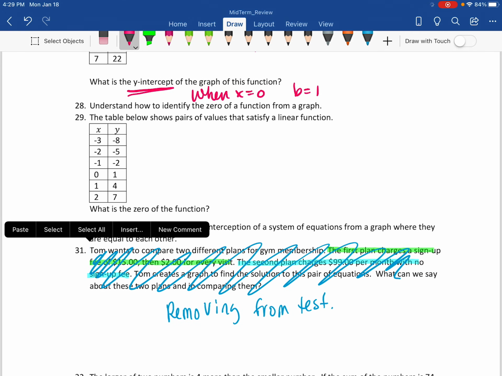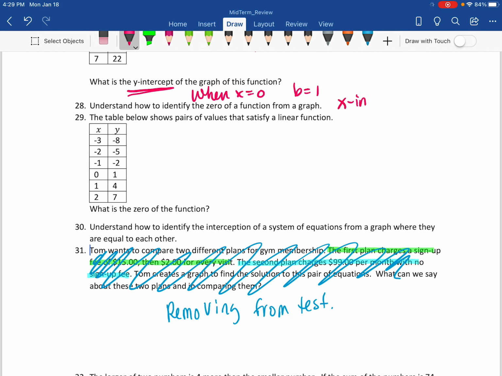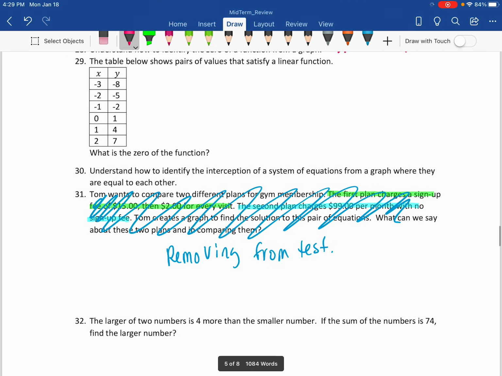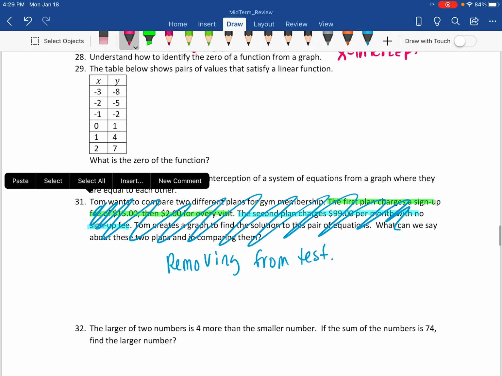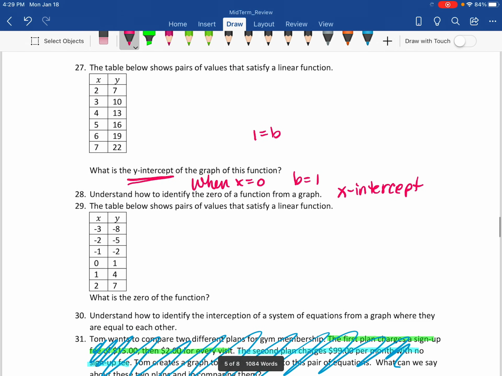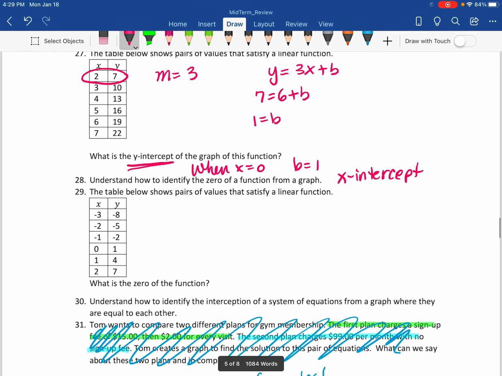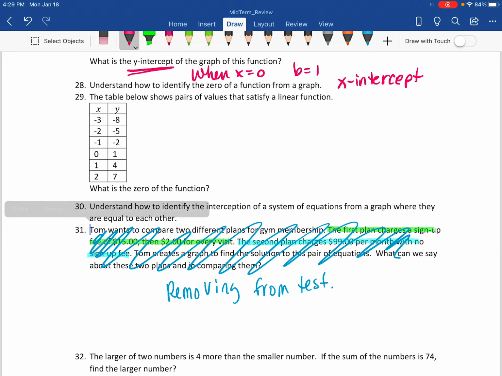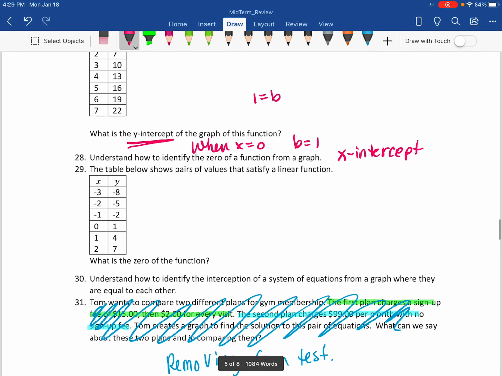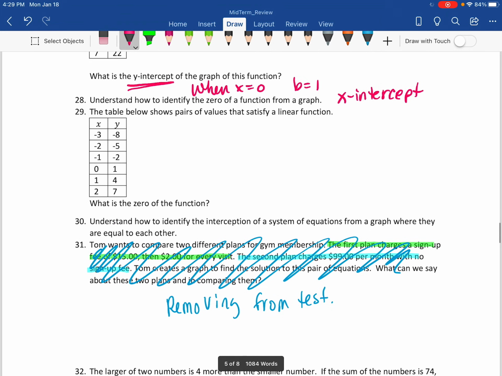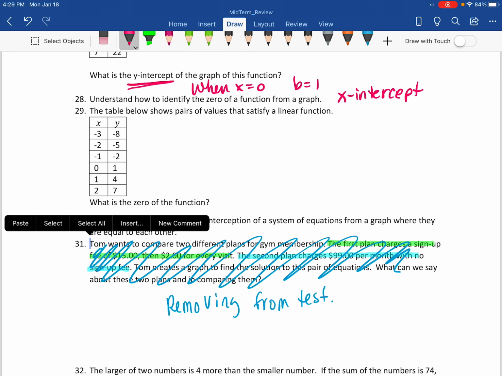Number 28. Again, to identify the 0 from a graph, that is the x-intercept, where it crosses the x-axis. The table, number 29, the table shows a list of values. What is the 0 of the function? So kind of a similar situation to number 27, except you're going to have to find the equation of the line and then substitute.